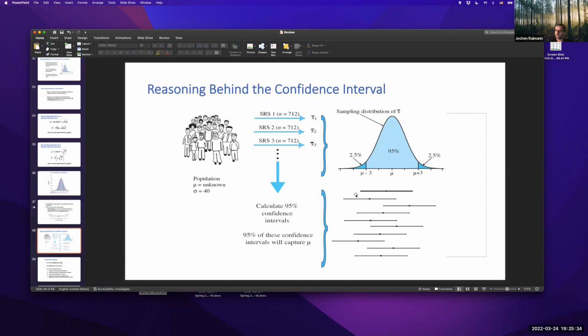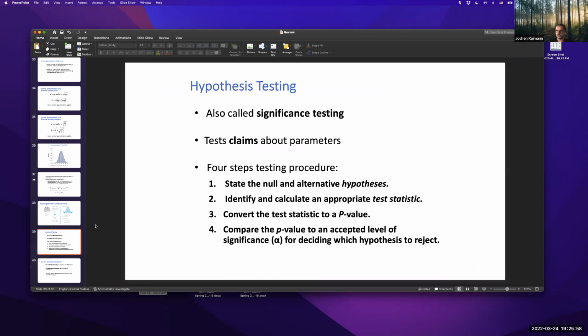So essentially what that implies is that if you do repeated samples, 95 out of 100 samples will within this interval capture that population mean. This is what this indicates. Only 5 will not capture your population mean. So you can also do hypothesis testing just with confidence intervals.